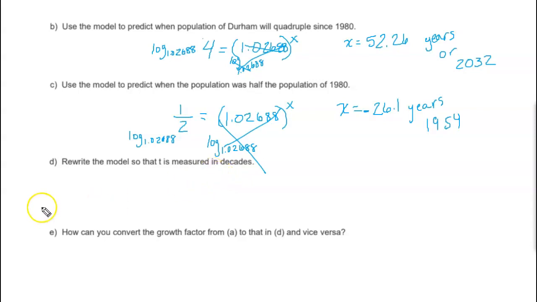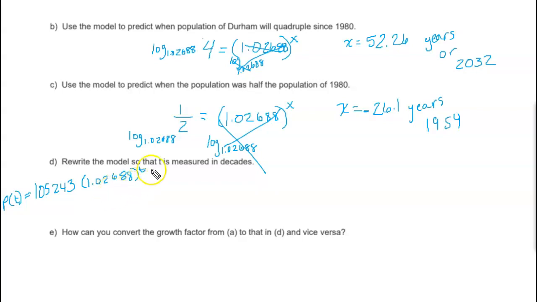Rewrite the model so that t is measured in decades. So we have this as our model. We already have 1.05243 times 1.02688, and it's to the t power, and that's what it is if we have our growth rate per year.